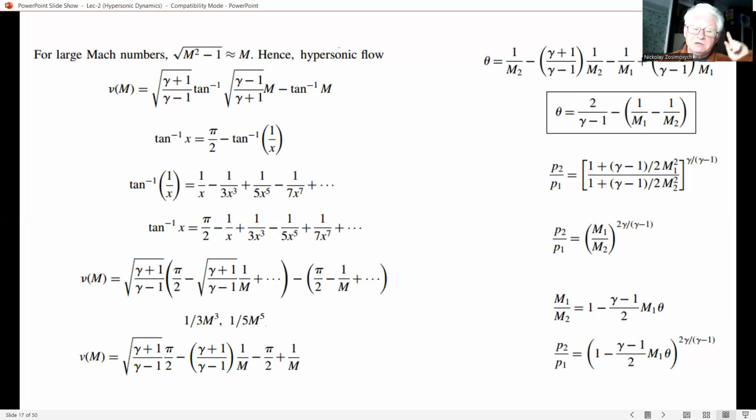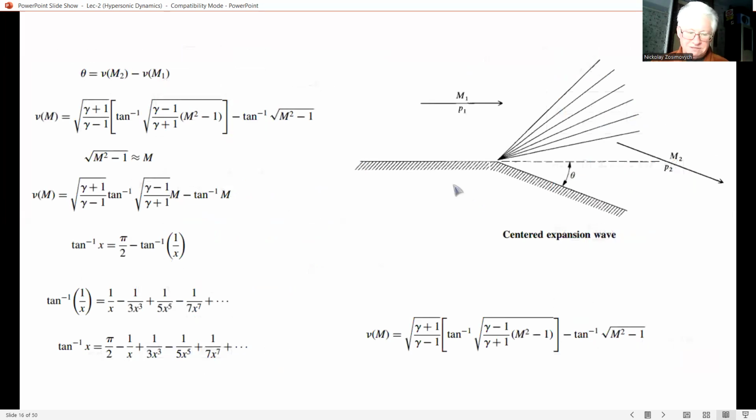Recall that M increases through an expansion wave, and hence theta in our equation here is a positive quantity. This is consistent with the sketch on the previous figure, where the deflection angle theta is treated as a positive quantity.